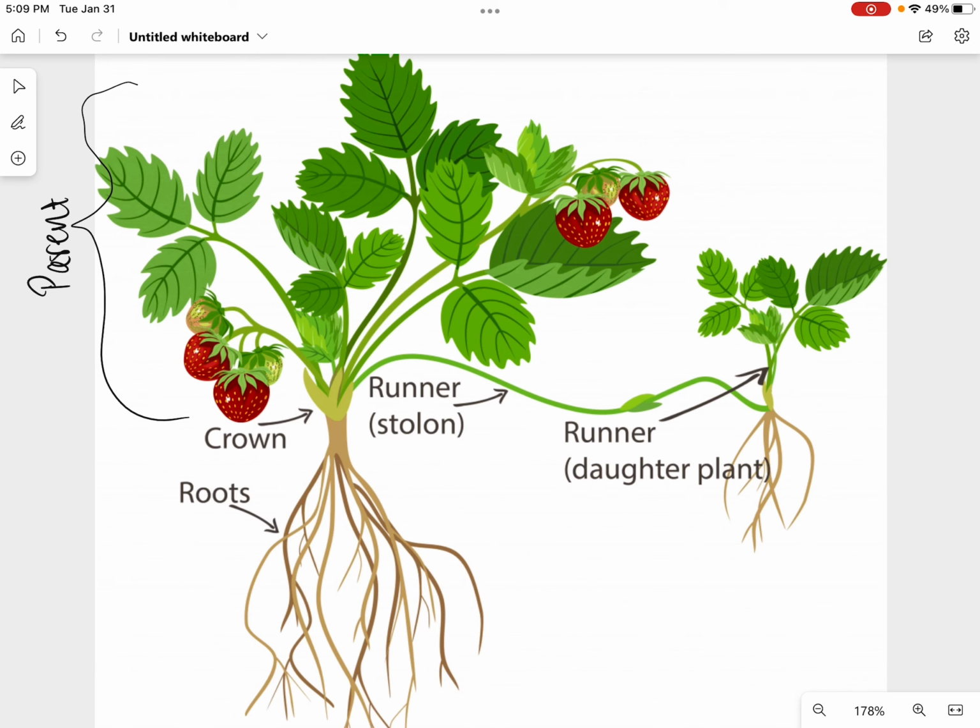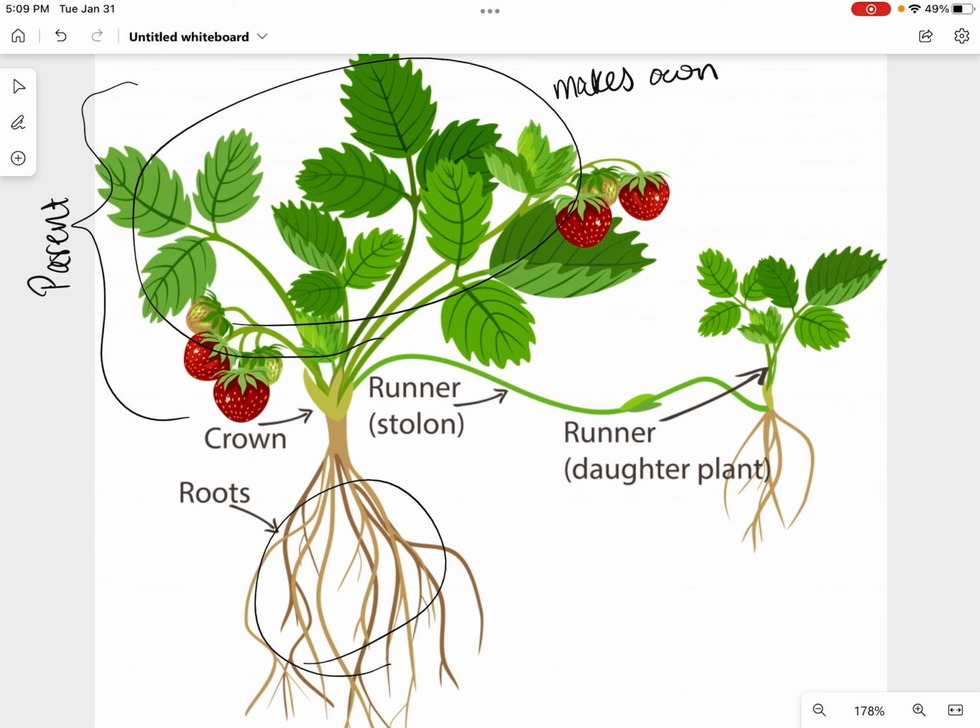That parent has its own set of root system. It has its own set of leaves, and it is self-sufficient, so it can make its own energy. But what we notice over here is there's this runner that forms.